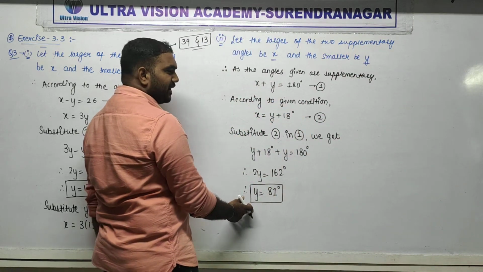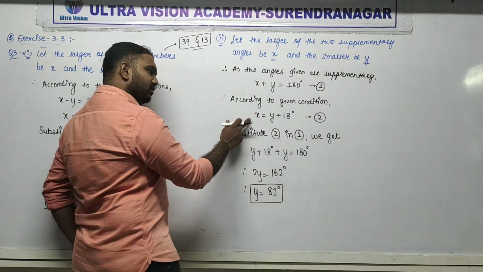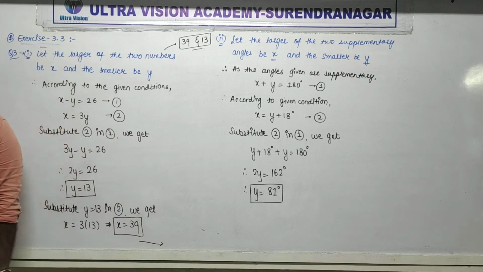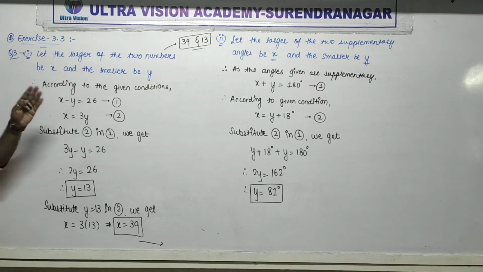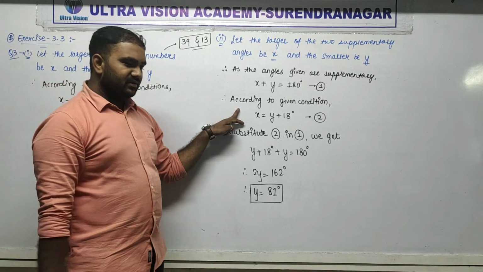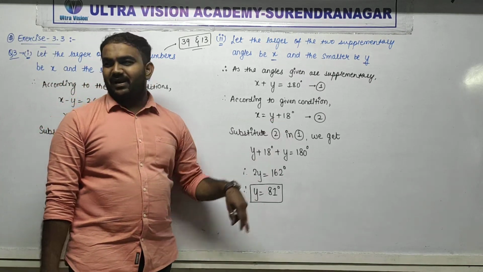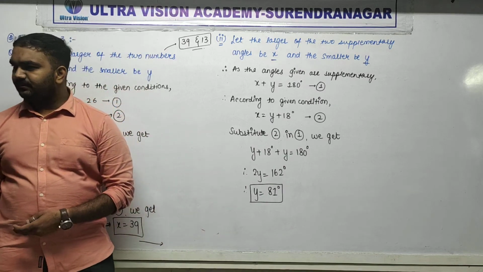What shall we do? We'll substitute this y equals 81 in 2. You can also substitute the value in 1, that will work, but 2 will be easier, because if you replace 81 here, you only have to add 18. Right?